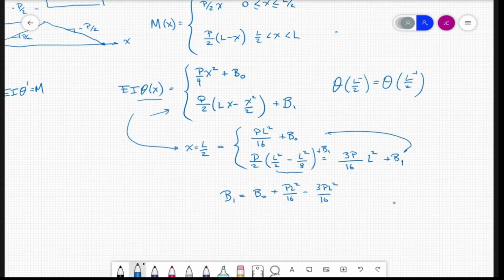And so that gives me B0 minus 2PL squared over 16, or PL squared over 8, right?